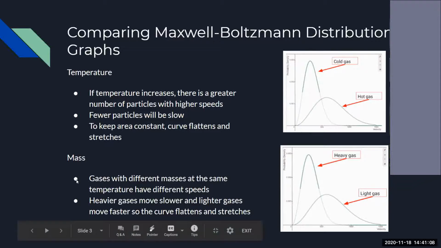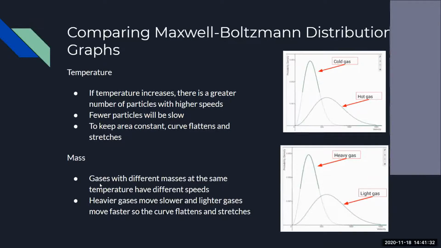Same thing happens with masses. If we were comparing a heavy gas to a lighter gas, we would see about the same type of graph. And the reason is, remember, heavier gases or things that are more massive are going to be slower. They have the same kinetic energy, because kinetic energy is mass times velocity.